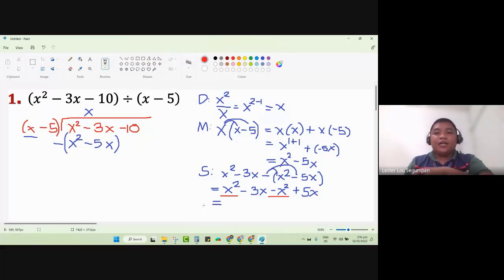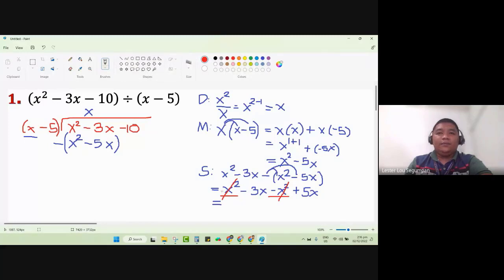And if terms are like, we do not manipulate exponents. We just simply copy the literal coefficients together with the exponents, and then we operate the numerical coefficient. Just like this, 1 minus 1. That's why this entire term should be 0.